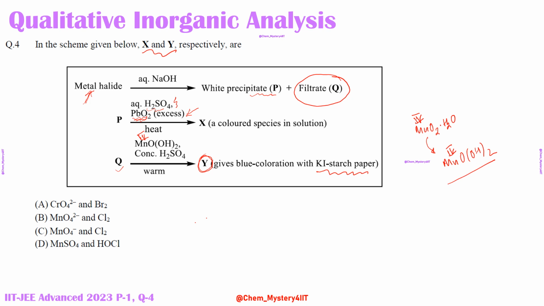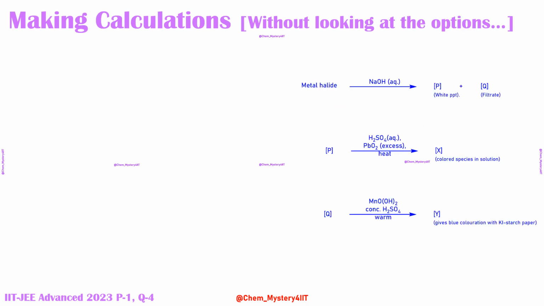Anyway, we are going to do a detailed discussion, so we'll be pinpointing every single possibility in this question. If you don't look at the options, and just see what the question is telling us, what would be our thought process?